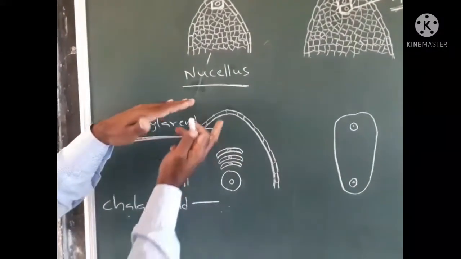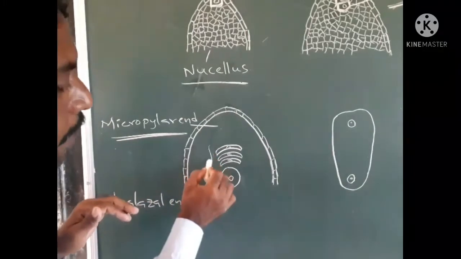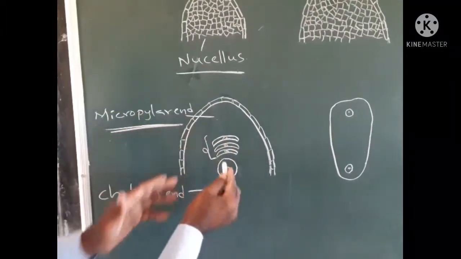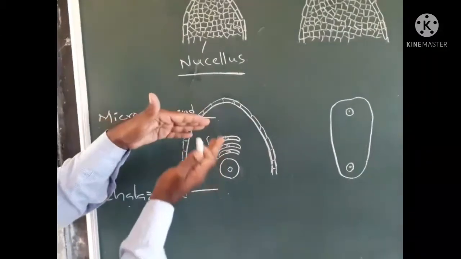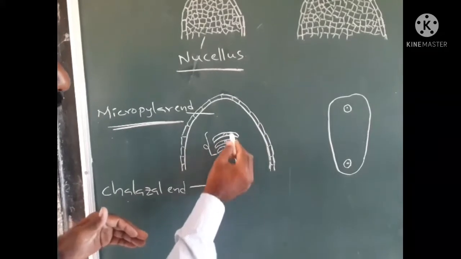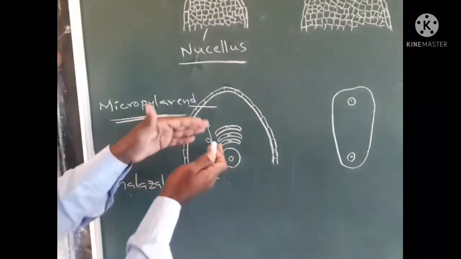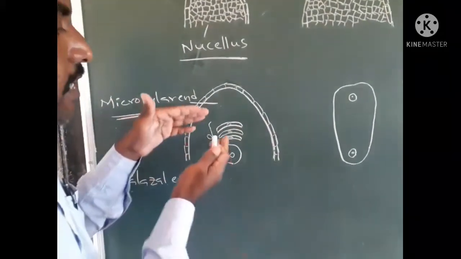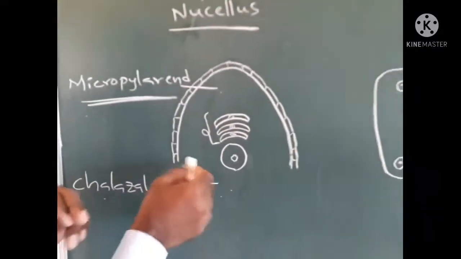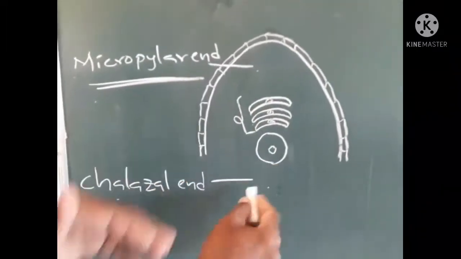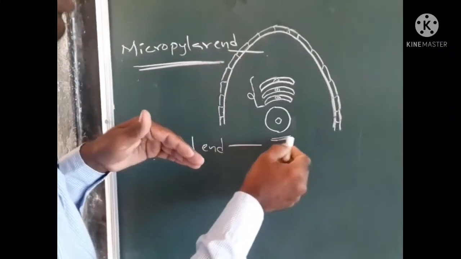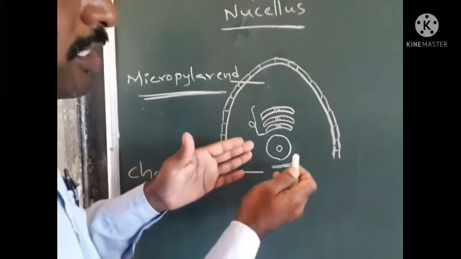At the micropylar pole, these three megaspore cells degenerate.